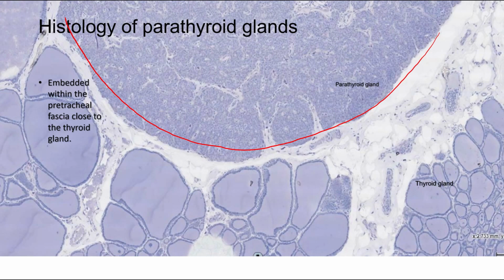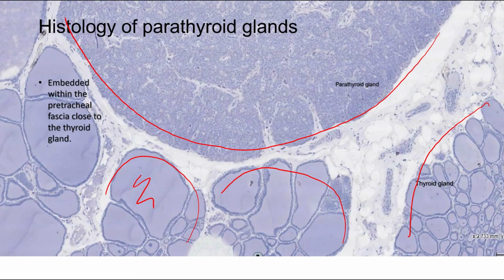That's why in this section we can see that there's thyroid tissue here. Look at the follicles with the homogeneous colloid inside them, and very close is the parathyroid gland, another gland which has different features or different architecture than the thyroid gland, totally different.